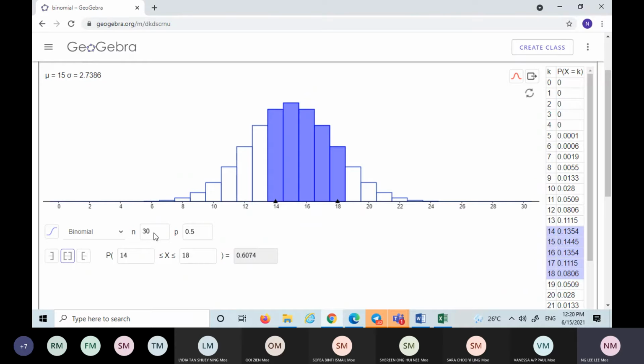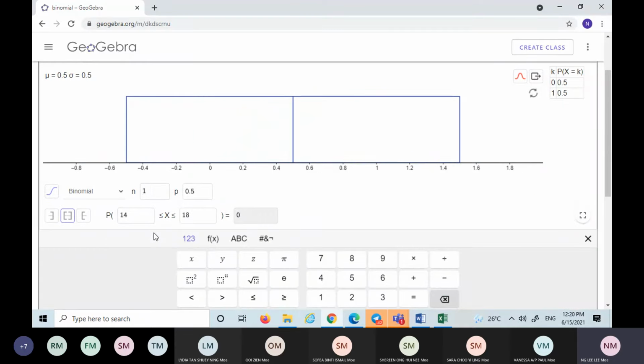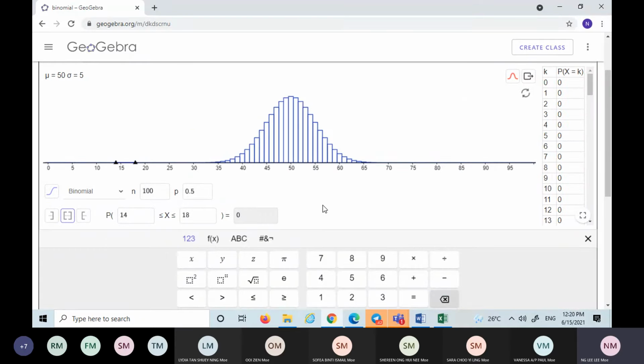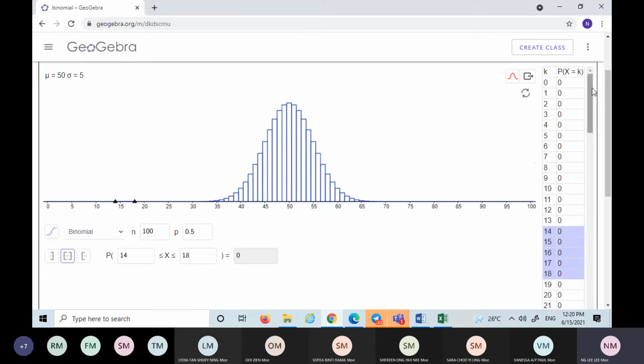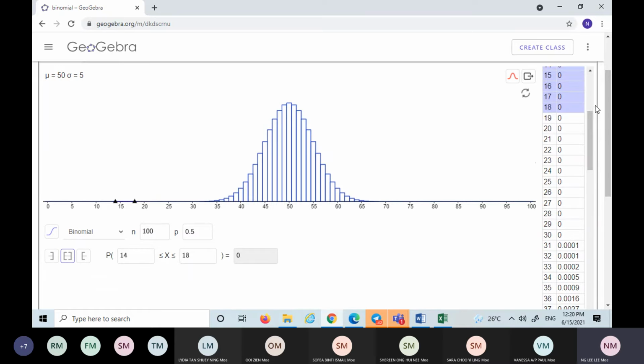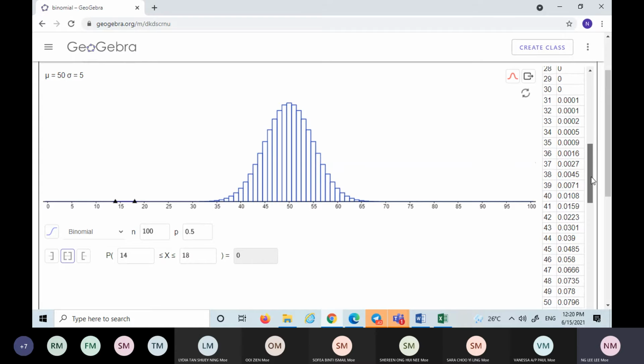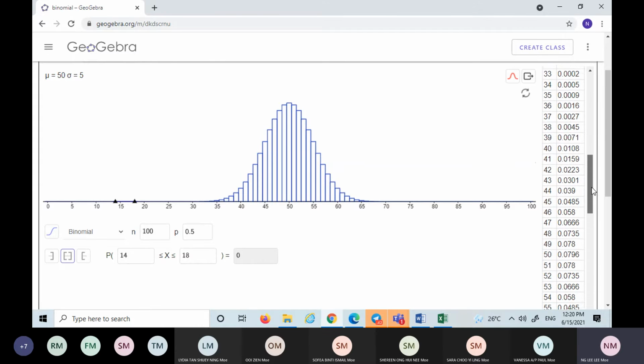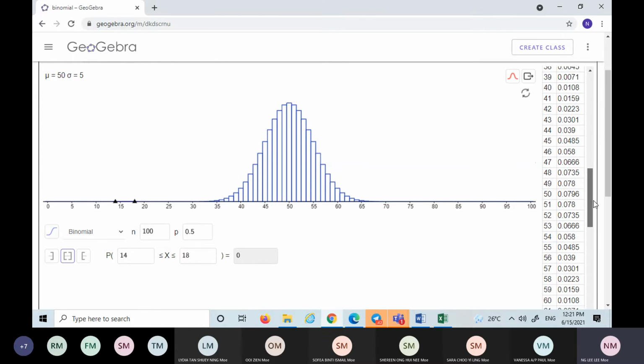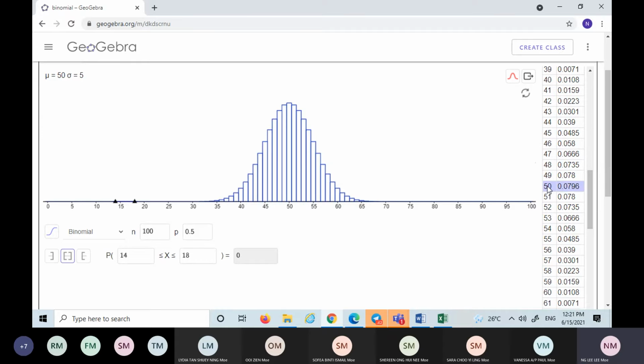If I change this to 100, then you see the data they calculate. From 0 until 30, all are 0. Then starting from 31 you can see some values. The peak is at around 50, the mean, the middle.